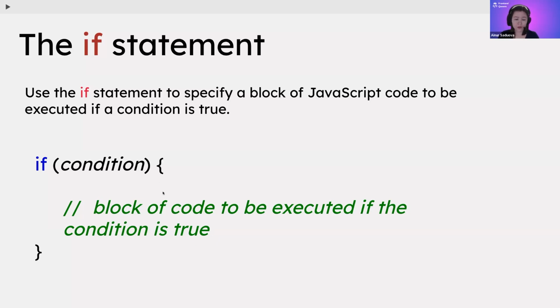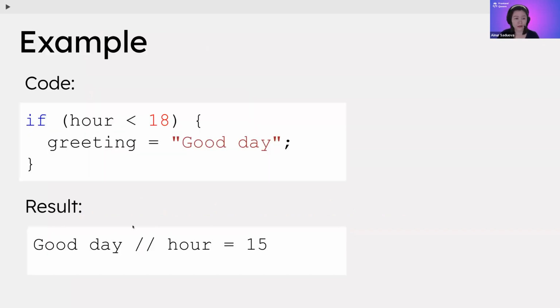Then you follow with curly braces, and here goes the block of code to be executed if the condition is true. An example: if hour is less than 18, we need to print the greeting, good day. And as you can see, for hour equal to 15, the result will be good day.